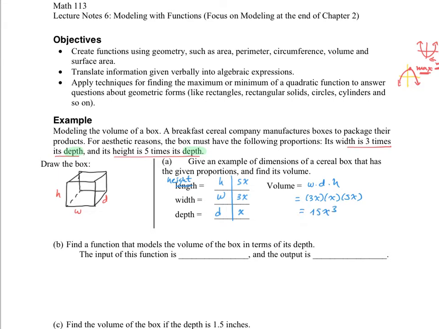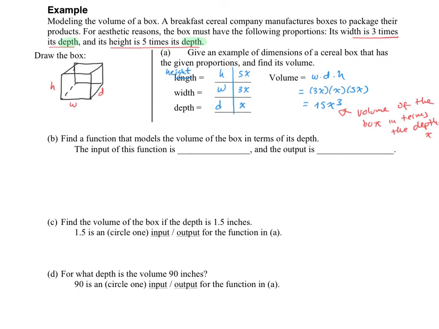So this is the volume of the box in terms of the depth, which we're calling x. So this is the answer to part B. That's the volume in terms of the depth.